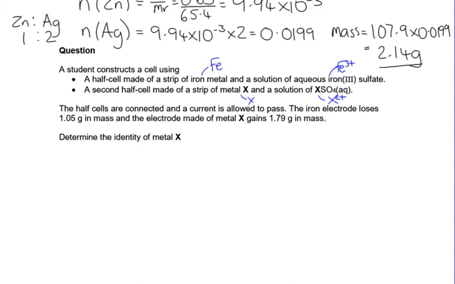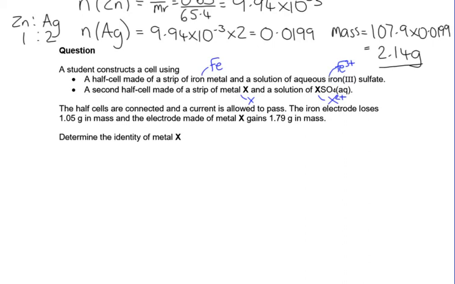So we're ignoring the sulfate, they're a spectator ion. So we've got Fe and Fe3+. In our second half cell we've got metal X and we've got XSO4. And I have made my first bit of chemistry leap of understanding by knowing that if it's XSO4 and a sulfate ion is 2-, the X ion must be 2+.